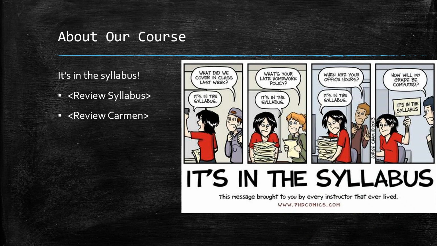What else? Classroom rules and guidelines. Unfortunately, these are a little bit oriented to the in-person course, and I do apologize for that. Number 5, though, is very important, and this will mainly pertain to your online discussion boards.